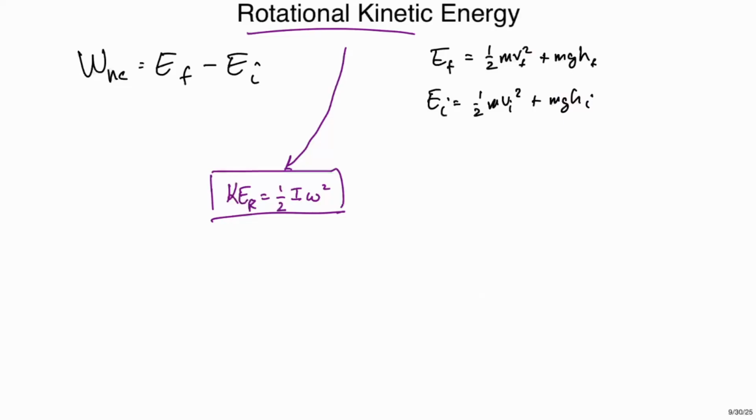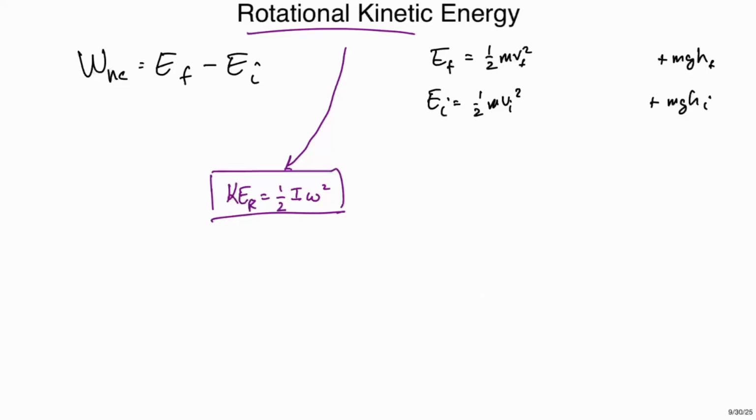But now that we've written this energy in terms of the rotational quantities, we need to add it to our statements. We can't just ask the question, is it moving? We have to ask, is it rolling? Is it rotating? There's a difference.